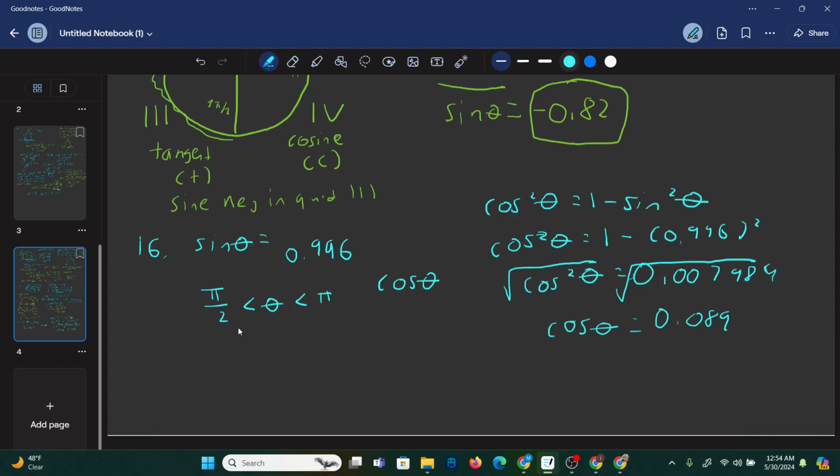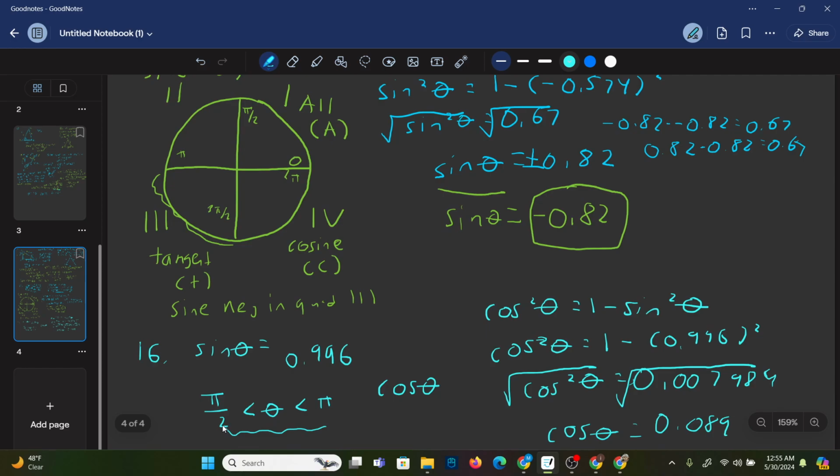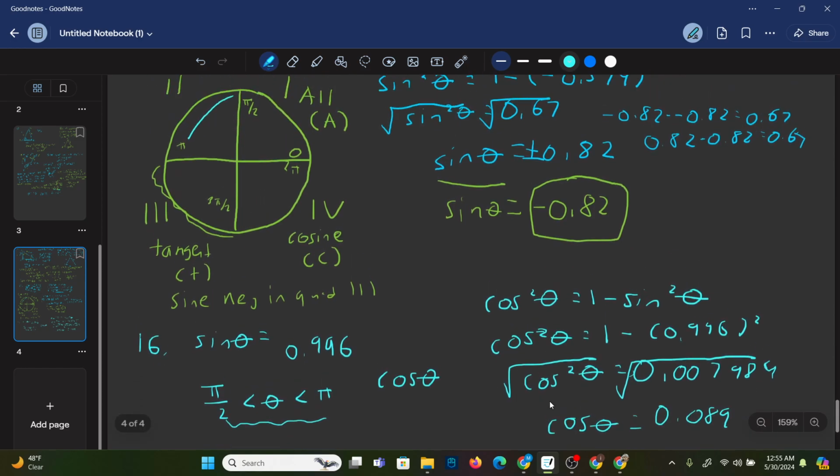Now, we need to take a look at this again. So if we look at your unit circle here again, it's between pi over 2, so right here, and pi, so like right over here. And so right here, sine is positive, but we were solving for cosine.